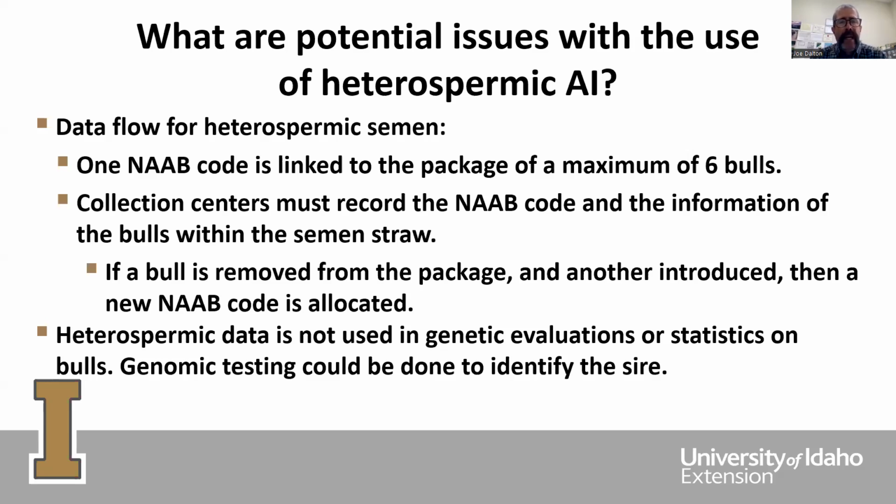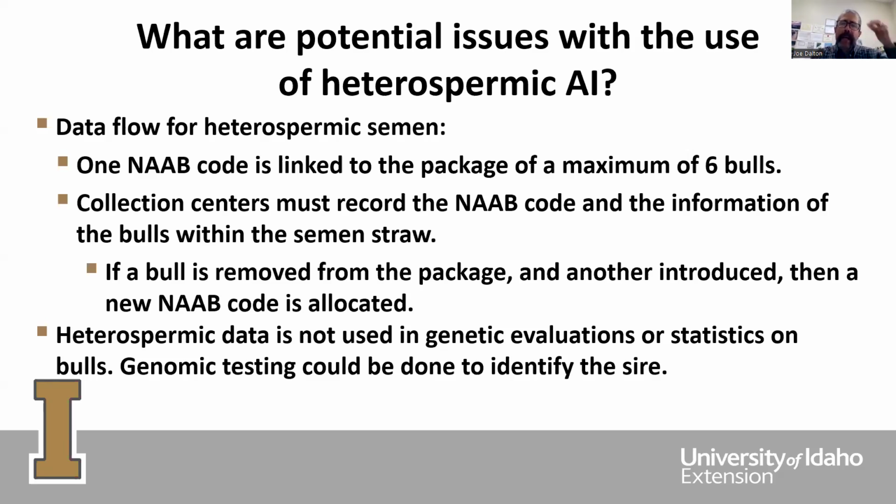With a heterospermic dose, we still have a National Association of Animal Breeders code, just like we would with a homospermic dose. But that NAAB code is linked to a package of a maximum of 6 bulls.